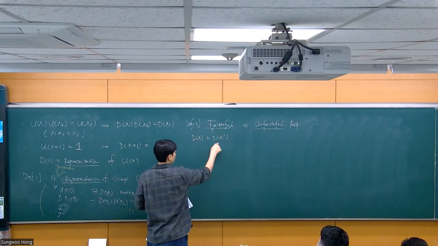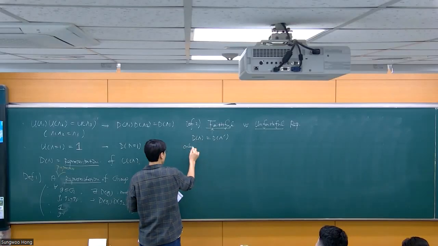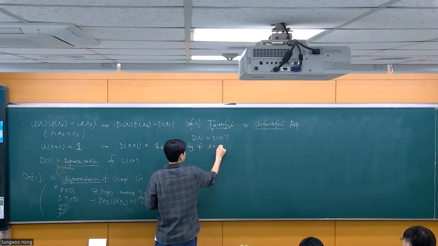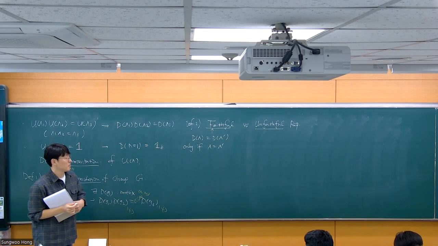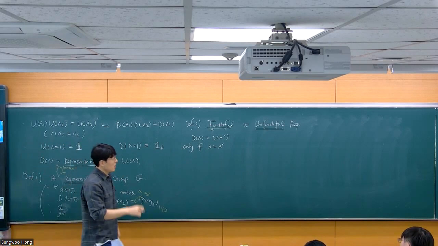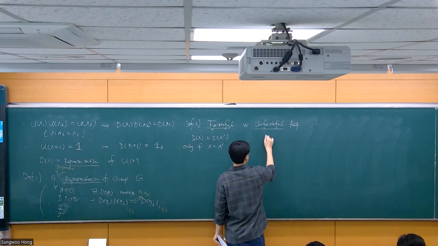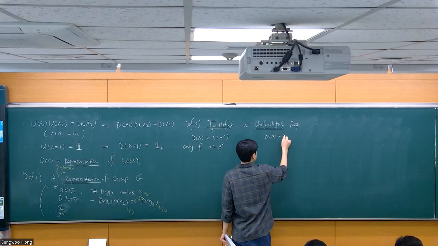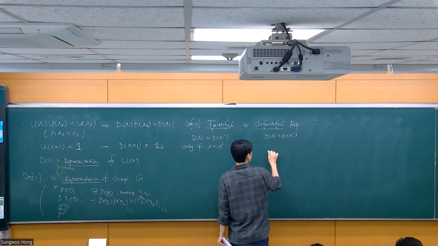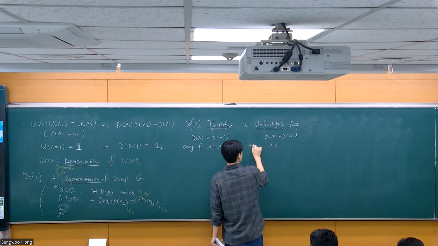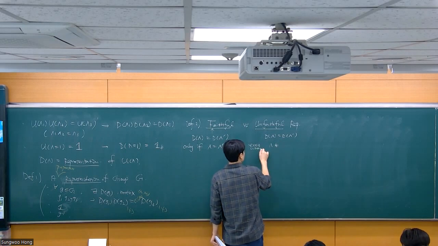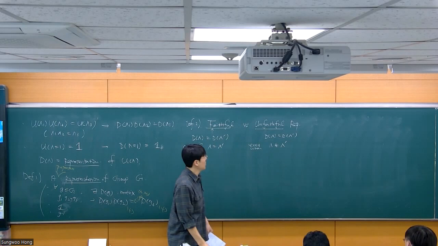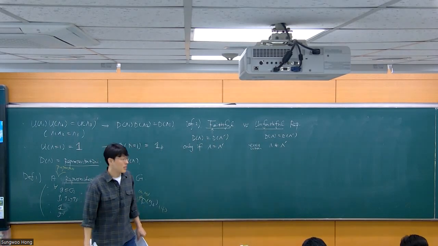The representation is faithful only if this is the case. On the other hand, if for the same representation even when lambda is not equal to lambda prime, such a representation is called an unfaithful representation.